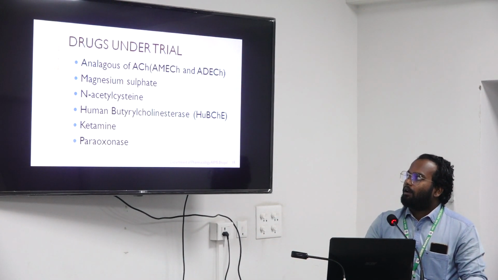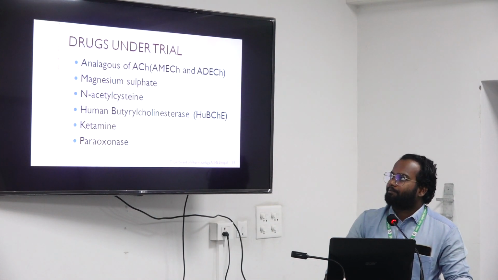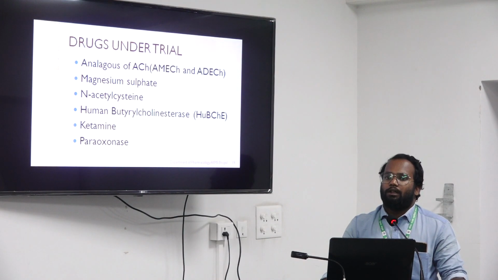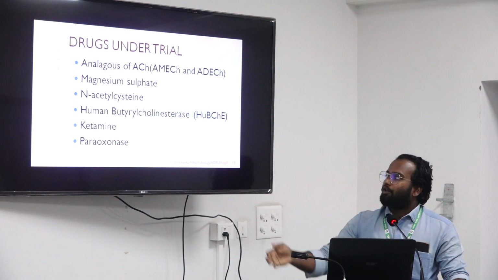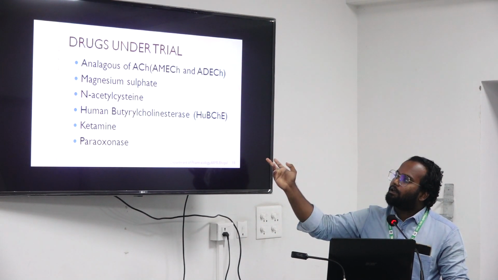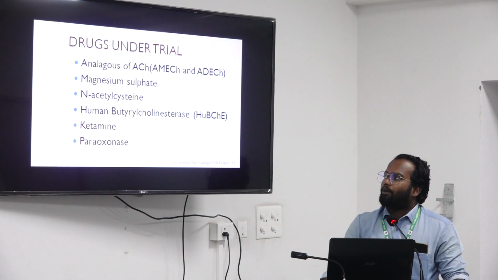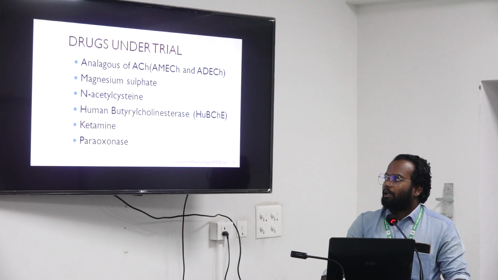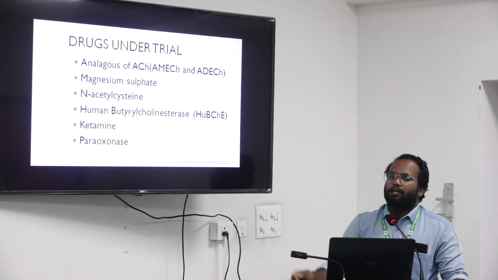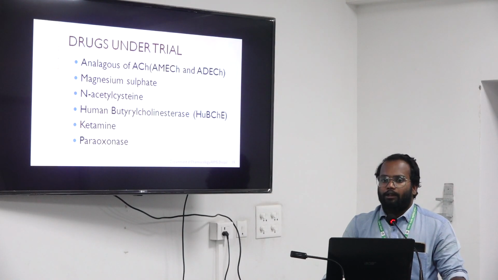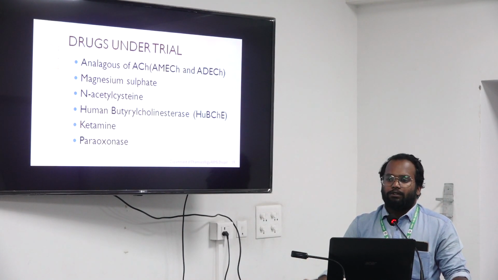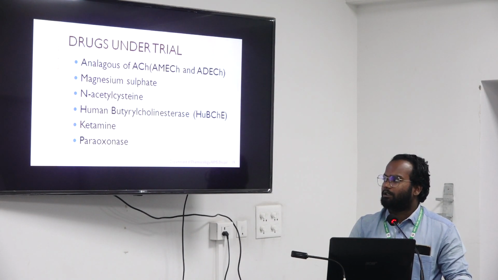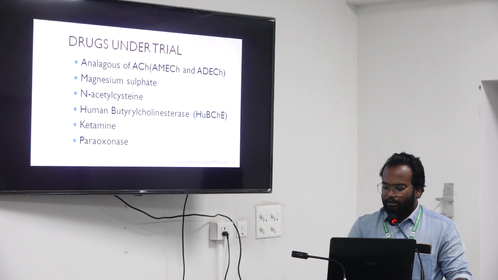For example, analogs of acetylcholine, magnesium sulfate along with atropine, N-acetylcysteine, and human butyrylcholinesterase, which they are suggesting can be a bioscavenger of the OPC compound. And ketamine along with midazolam is being tried for CNS toxicity like status epilepticus and seizures. So these are the drugs under trial.